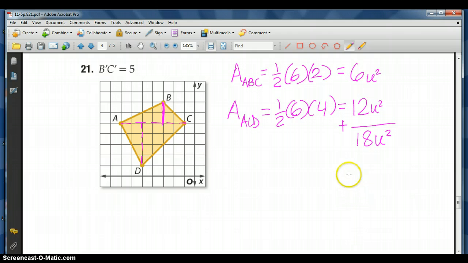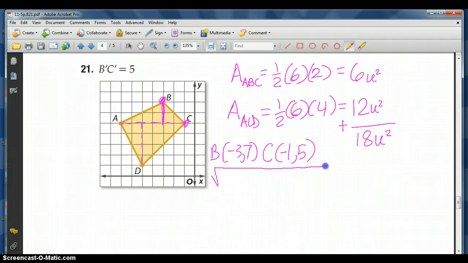The next thing that we need to do is find our scale factor. So we have a length of BC prime, we need to find the corresponding length BC. To find the length of BC, we have to use the distance formula. So here are my coordinates for B and C, and I'm going to substitute those into my distance formula.